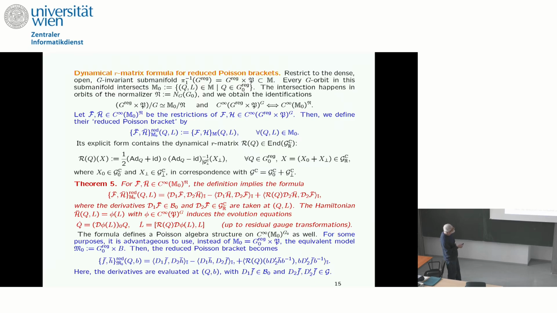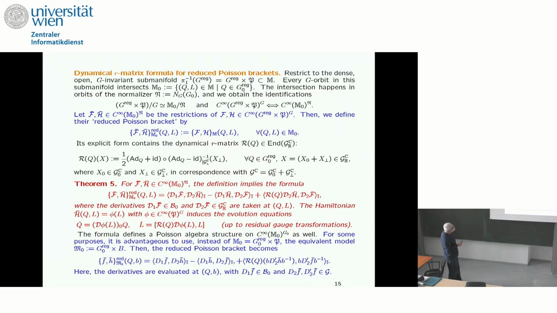So an invariant function there is the same as an invariant function on the smaller space, but with invariance with respect to the normalizer of the maximal torus. I can transform the Poisson bracket from here to there, and what I obtain I call the reduced Poisson bracket. Of course, it's not a real reduced Poisson bracket because this space is in between the original manifold and the final quotient space. The residual invariance is only by the normalizer, which is a relatively small group, just the maximal torus and the Weyl group.